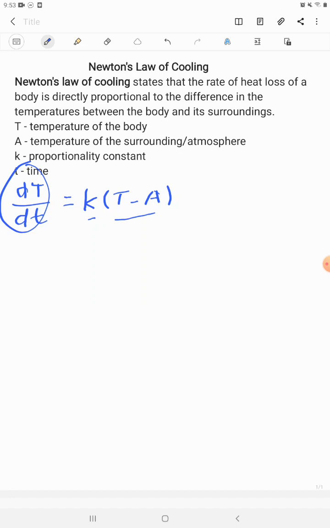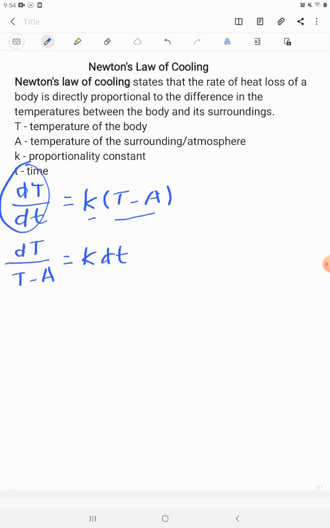So here we separate the variables: every term which has T in it will be on the left side with the dT, so that is dT over T minus A equals k dt.